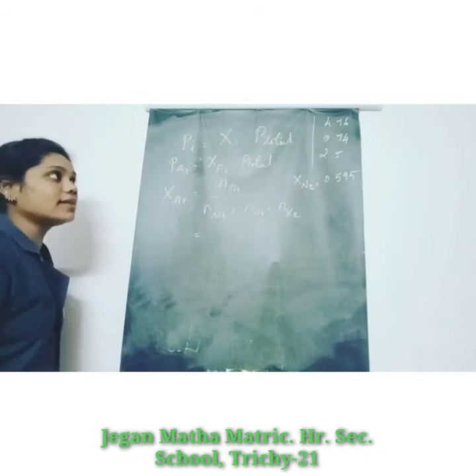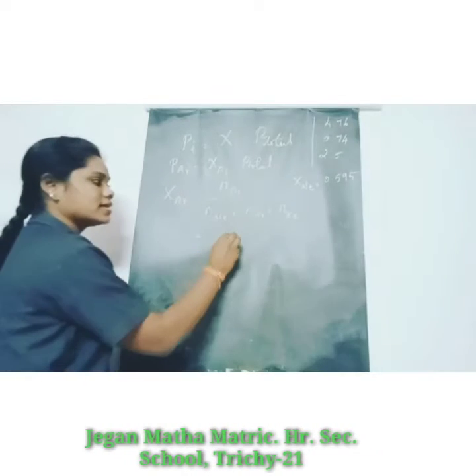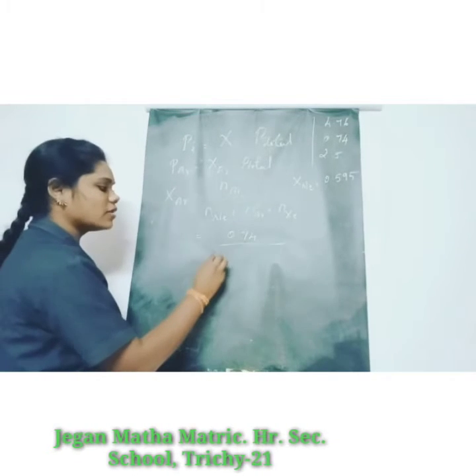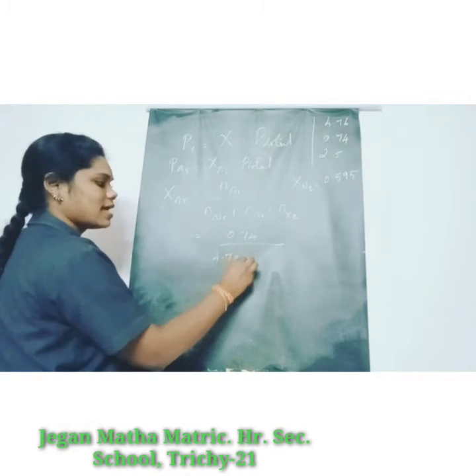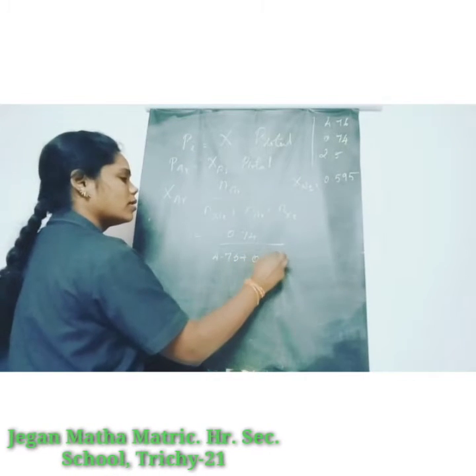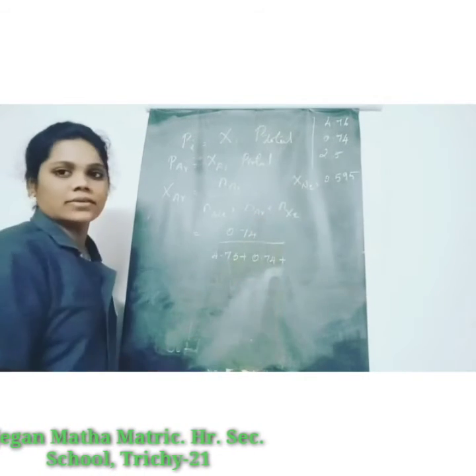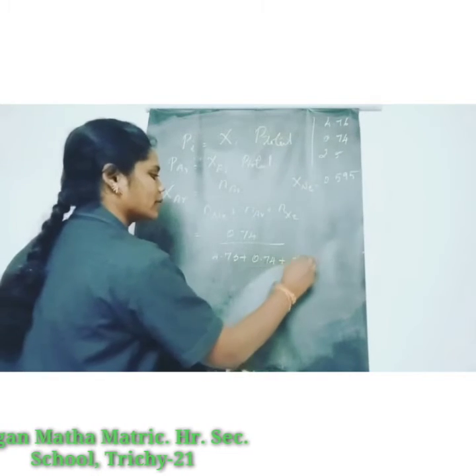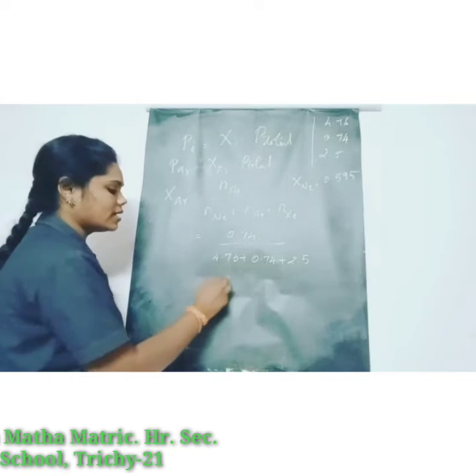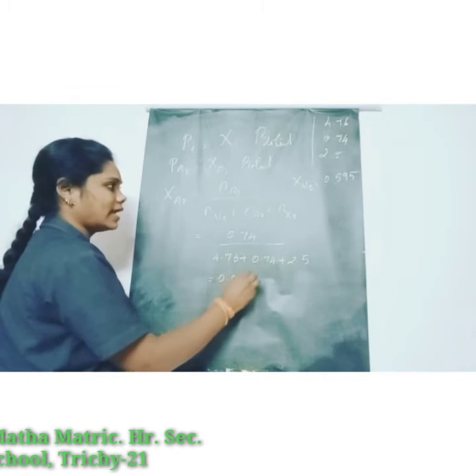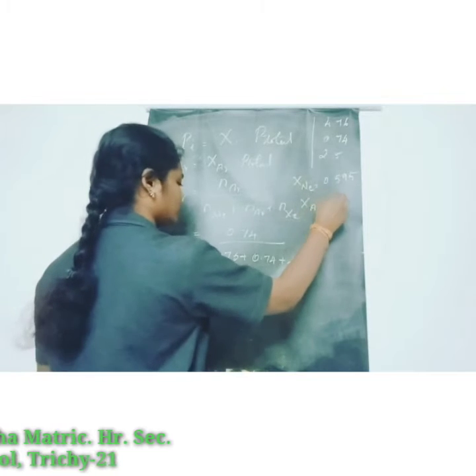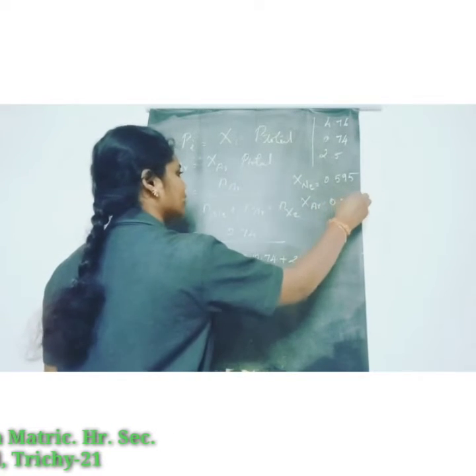Okay. So N argon value is 0.74, that is given in the question. And N neon value is 4.76 plus N argon value 0.74 plus N xenon value 2.5. Okay. So simplify this term, we get 0.093.